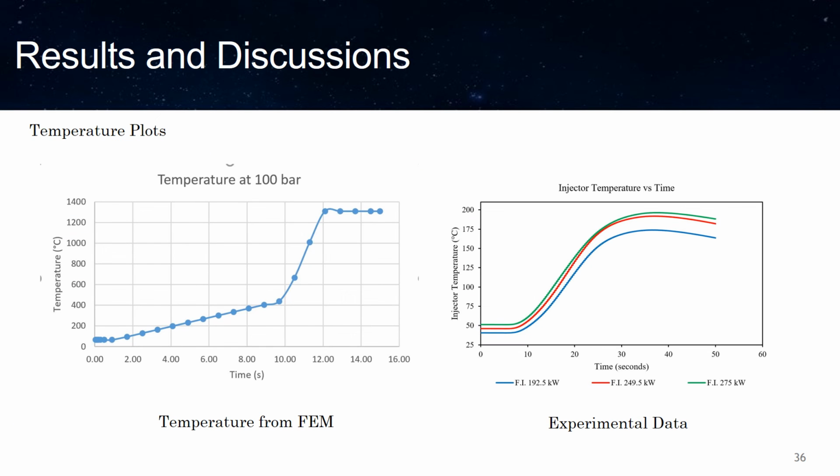To verify the temperature plots, I plotted a transient temperature plot at 100 bar, and I looked into the temperature patterns from experimental results, and we figured out that they look almost similar. They have a similar pattern, except that here we only have the injector operation time, and the experimental data includes the injector operation time including purging as well.